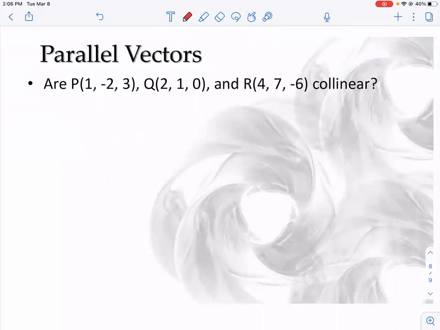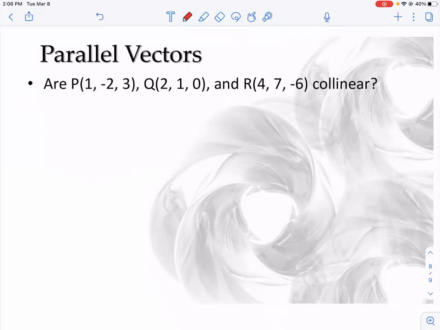If you have 3 points and you create 2 vectors out of the 3 points, if those vectors are parallel, then your points should make a line. Now, why am I not finding the slope? We're in 3 dimensions. Do you know how to do 3-dimensional slope? Nope. That's why we have vectors.